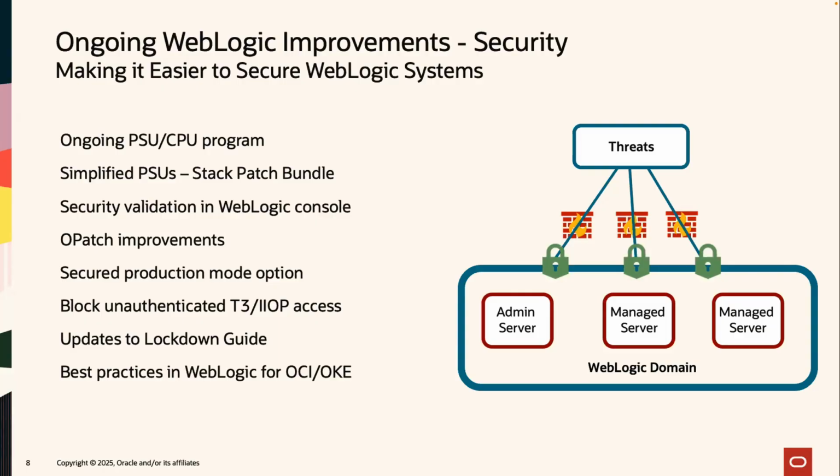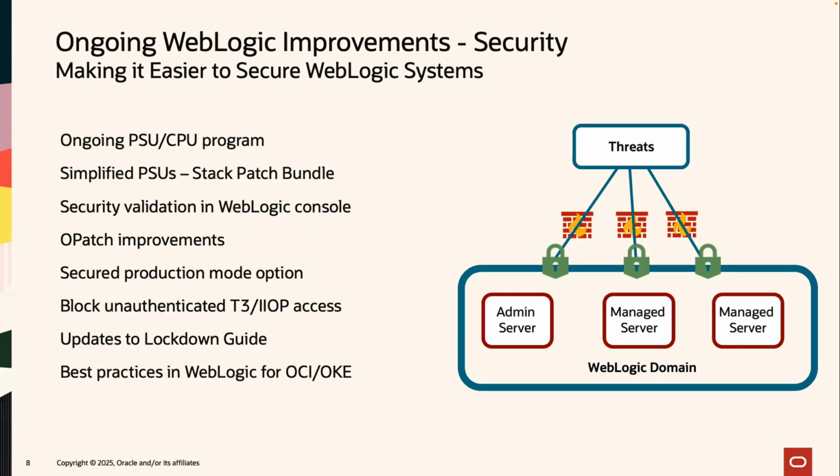And the third item I'd like to mention is a new option we've provided in existing WebLogic releases called Secured Production Mode. Domains created using Secured Production Mode will automatically use by default secure settings in WebLogic, like enabling SSL ports or enabling administration ports or blocking unauthenticated T3 access and similar kinds of defaults.